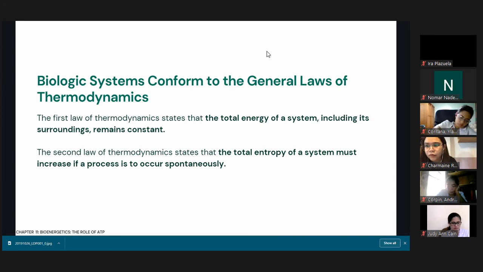So I've read a definition of God. Since God has no beginning and has no end, it is just like energy, which has no beginning and has no end.